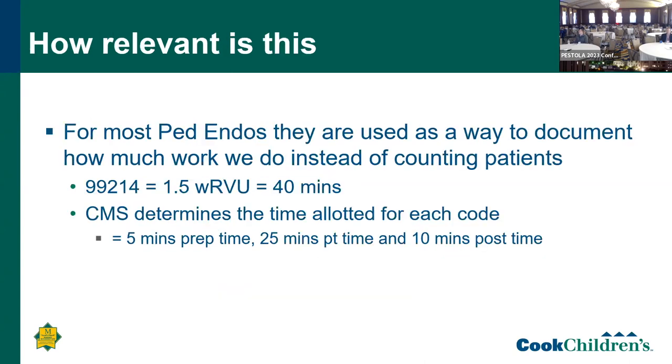Another thing that's very interesting about RVUs is what they tell us about what people think we do. For most pediatric endocrinologists working in academic institutions, we use RVUs as a way to document how much work we do instead of counting patients. For example, we did 38,000 encounters last year at Cook Children's between inpatient and outpatient, and that was 68,000 RVUs.